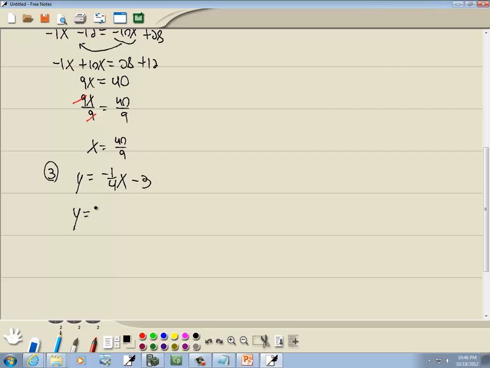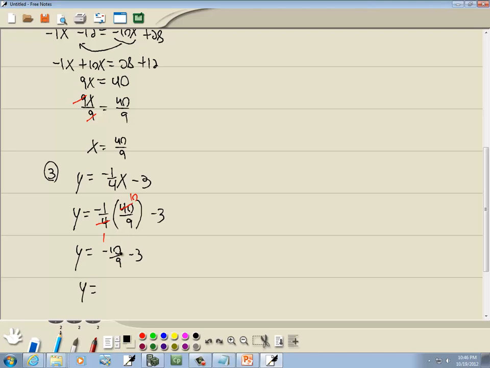Okay, so we just said x was 40 over 9, so we'll plug that in for x. So we got 40 over 9. Now 4 and 40 both divisible by 4. 4 divided by 4 is 1. 40 divided by 4 is 10. So we get negative 10/9 minus 3.